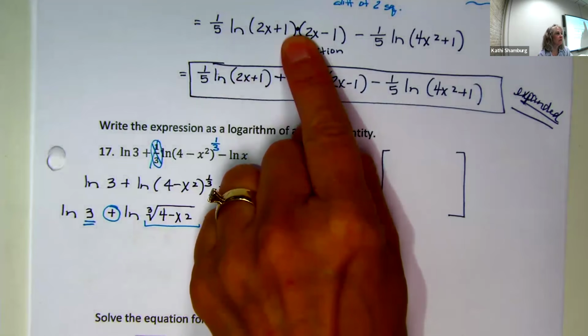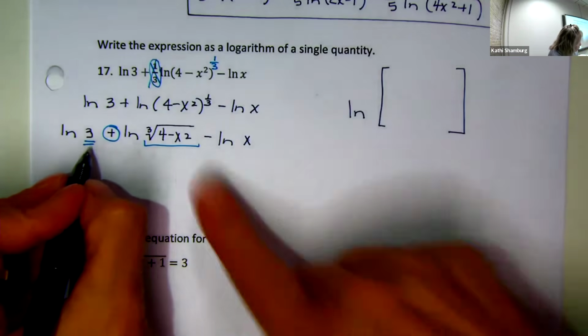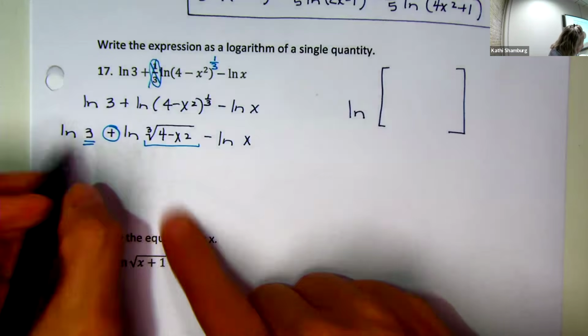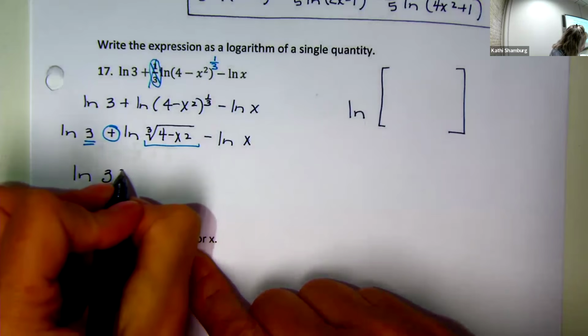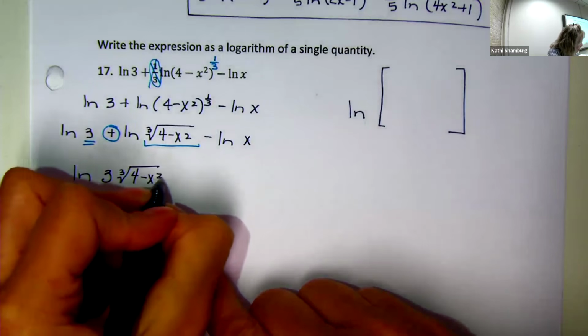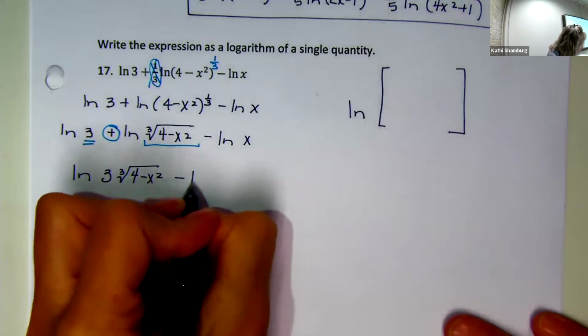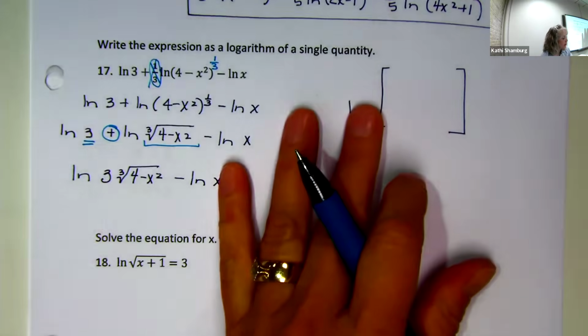What's a dot mean? Multiplication. So I can rewrite these two and multiply them. So I would have the natural log of 3 times the cube root of 4 minus x squared. And I have minus the natural log of x. So there's a plus sign. That's a property.